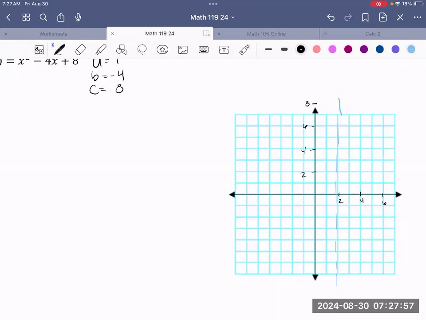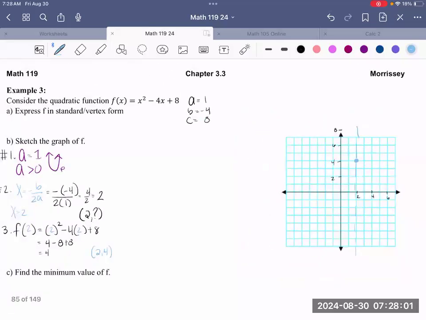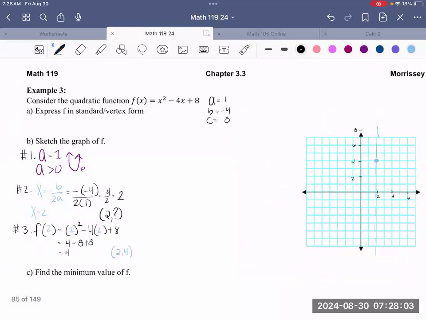So 2, 4. So right here. Okay, so that is your vertex. Now let's go ahead and find your x and y intercept. So starting perhaps with your y-intercept, well, that's just 0, c, c being 8.